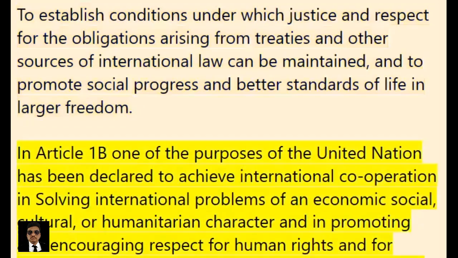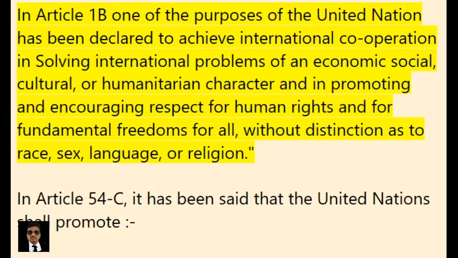In Article 1(3), one of the purposes of the United Nations has been declared to achieve international cooperation in solving international problems of an economic, social, cultural, or humanitarian character, and in promoting and encouraging respect for human rights and for fundamental freedoms for all, without distinction as to race, sex, language, or religion.